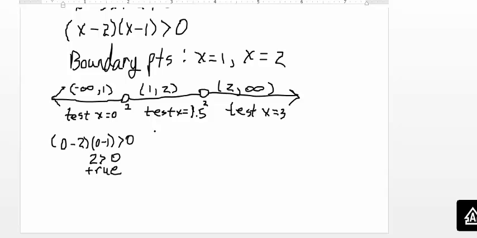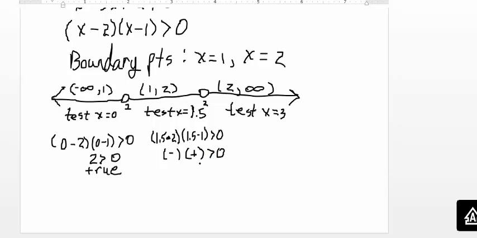All right, here let's do 1.5 minus 2 times 1.5 minus 1 greater than 0. So this 1.5 minus 2 is a negative number. 1.5 minus 1 is a positive number.